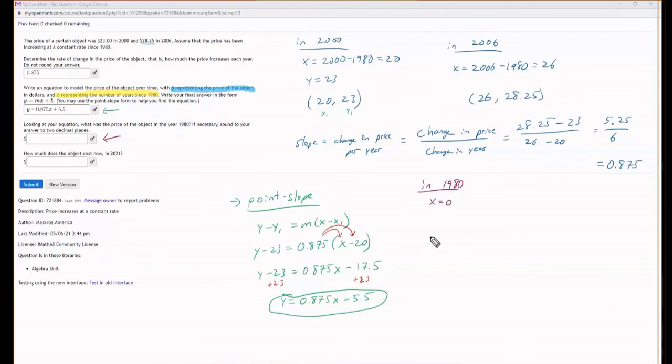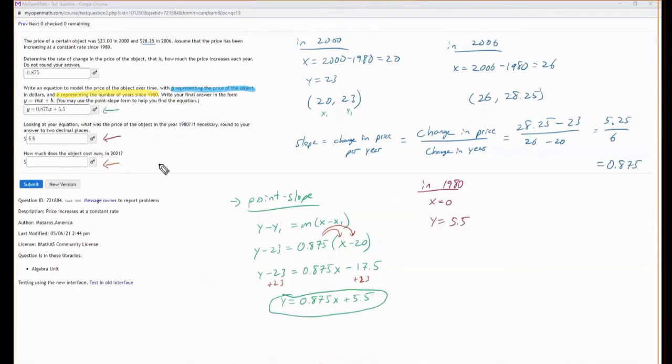So my y value is just the y-intercept. Okay, so y is just going to equal 5.5. Okay, so it's okay to write stuff down as you go to make sure that you're sorting through the information correctly, right? So I would write that out: 1980, it's an x value of 0. Oh yeah, that's just the y-intercept. I wouldn't try to do that mentally because you get yourself confused.